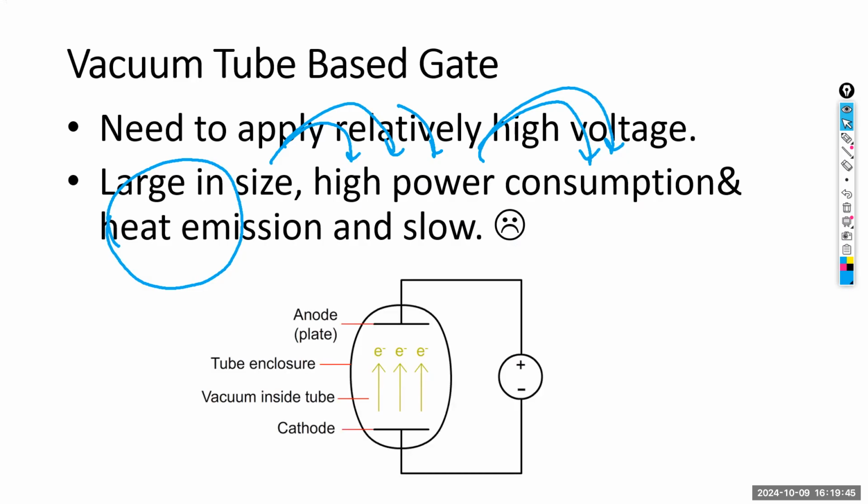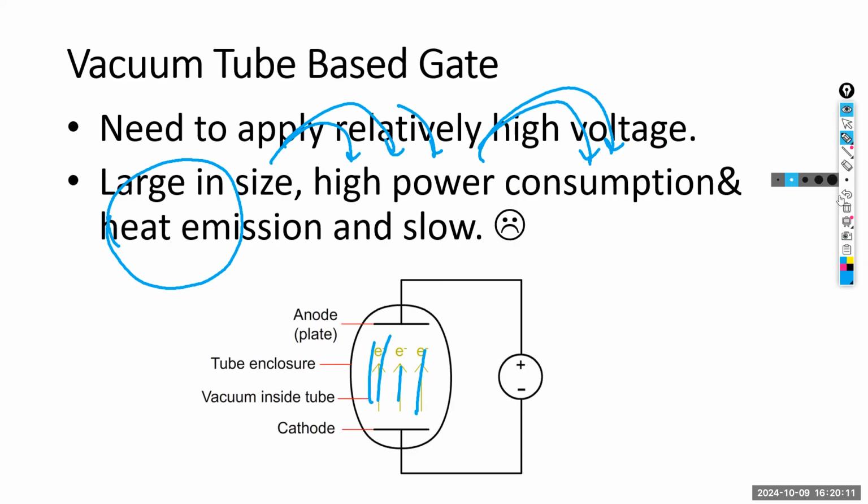So this is how we used to build logic gates in the early days using vacuum tubes. We have an anode and a cathode. When you apply a small voltage, excess electrons in the cathode will move to the anode.